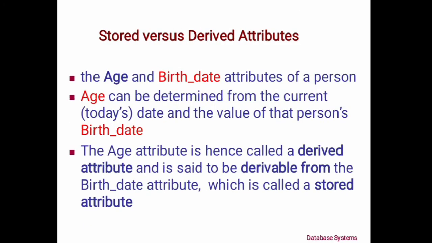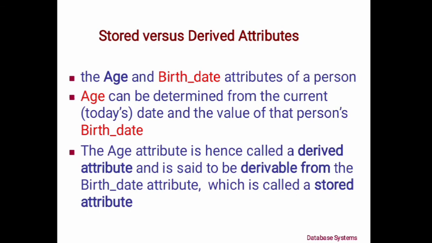Next is stored versus derived attribute. Now see, a stored attribute is a particular attribute from which another attribute can be derived. For example, birth date is a stored attribute, and age is calculated from the birth date. That means age is derived from birth date.